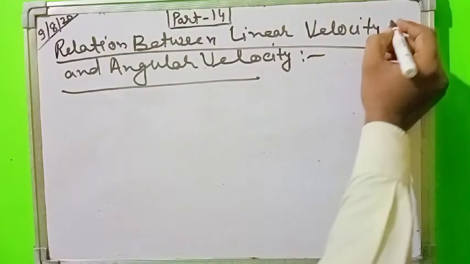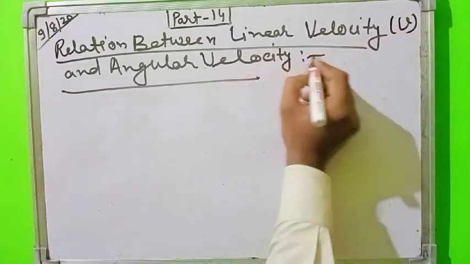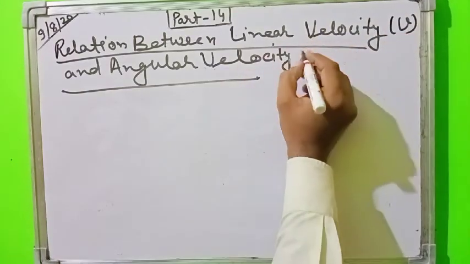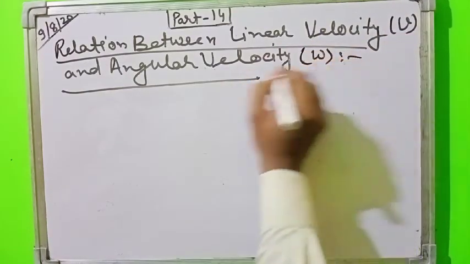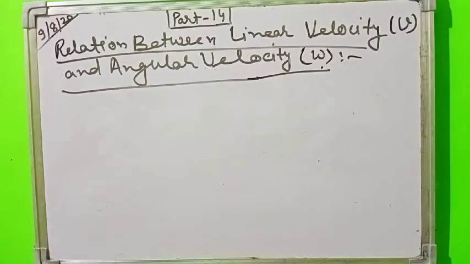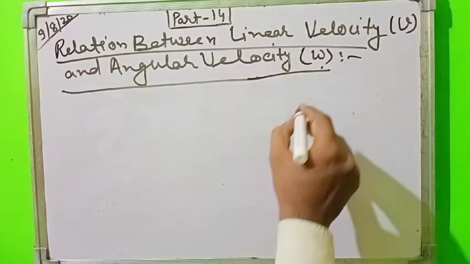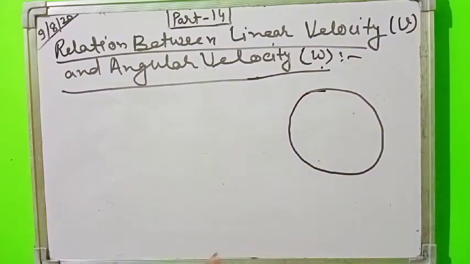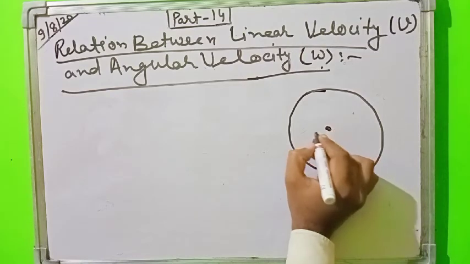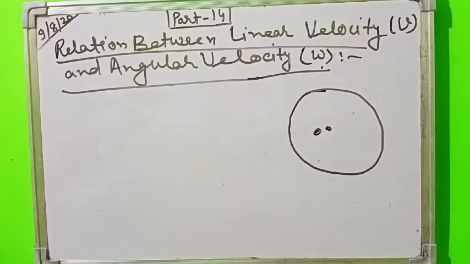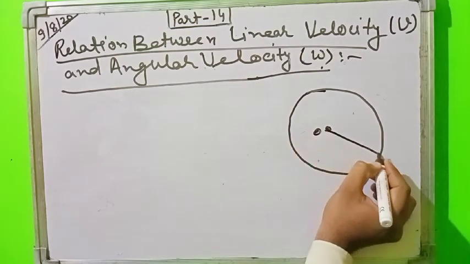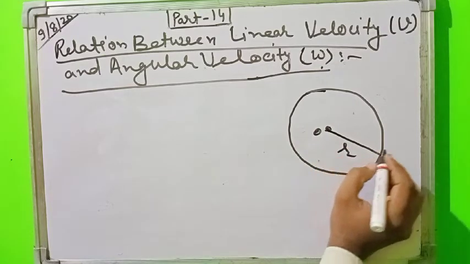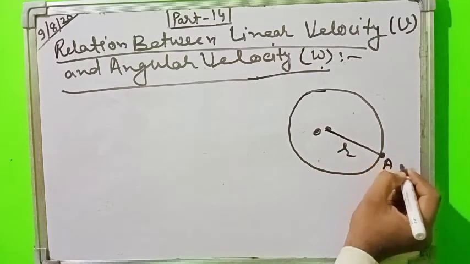Linear velocity can be denoted by v and angular velocity can be denoted by omega, as we had studied. Now from the diagram, let it be clear. Suppose this is a circular motion and O is the point about which the object is moving. This is radius r and this is point A.